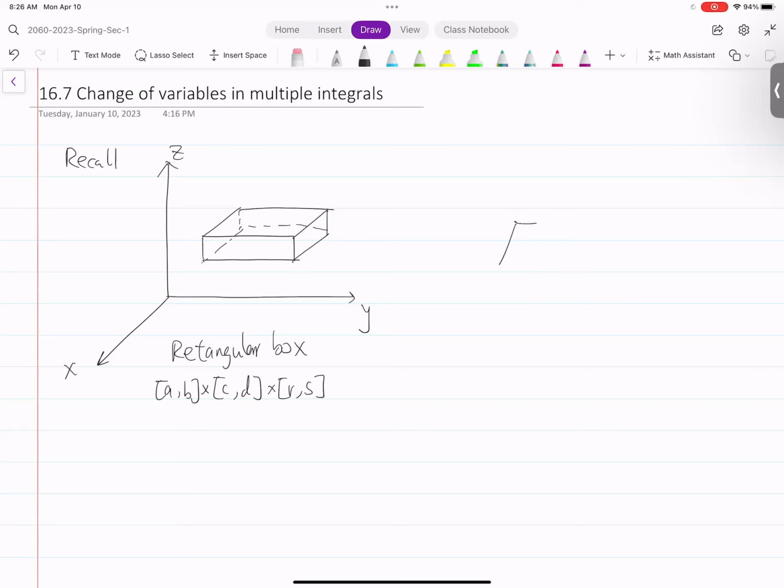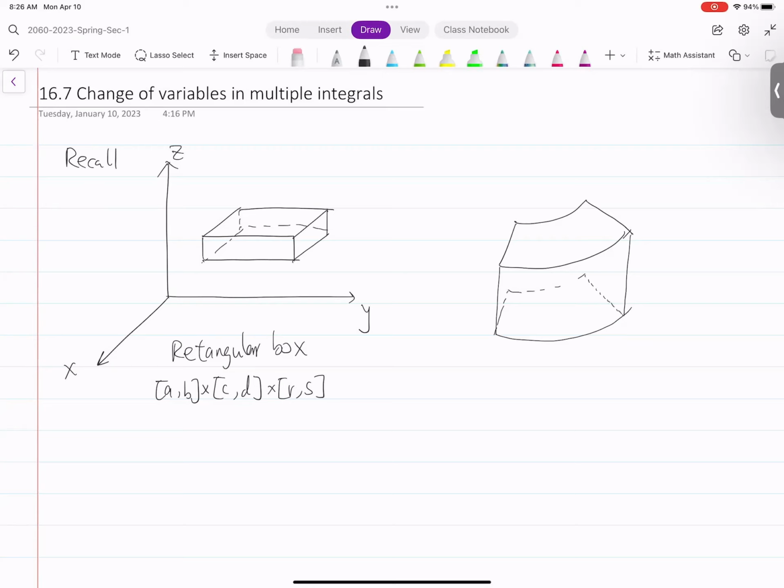Let me do it like this. If you're thinking about cylindrical coordinates, then the z coordinate is where the cylindrical shape comes from.